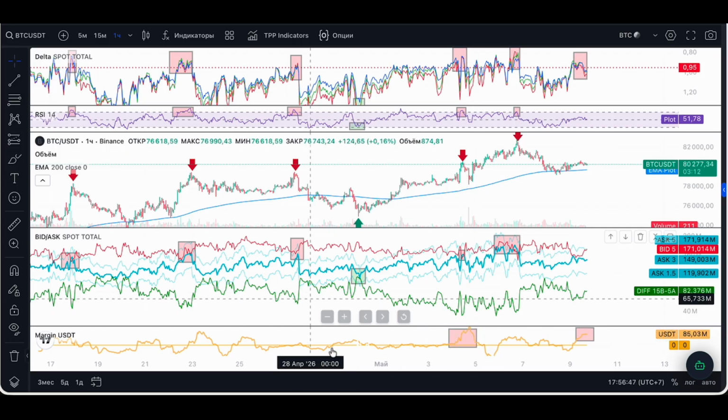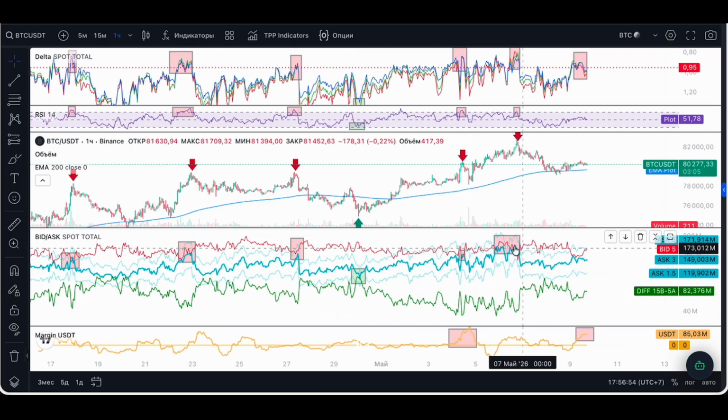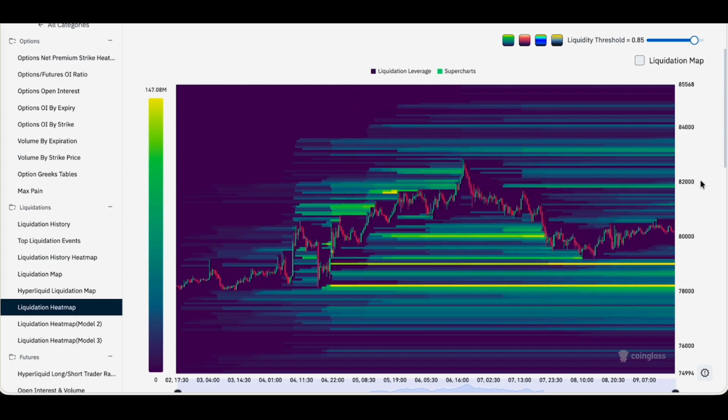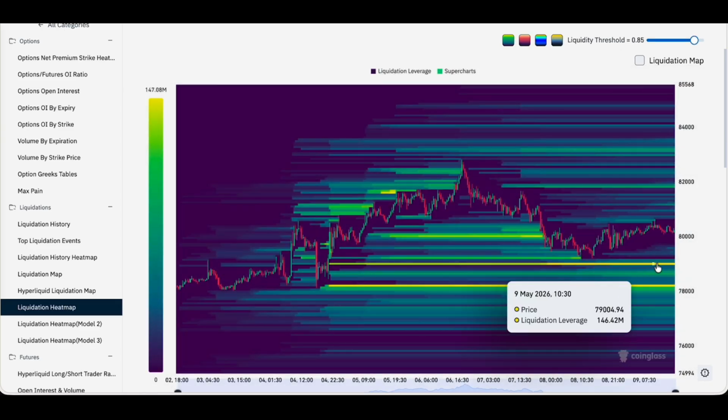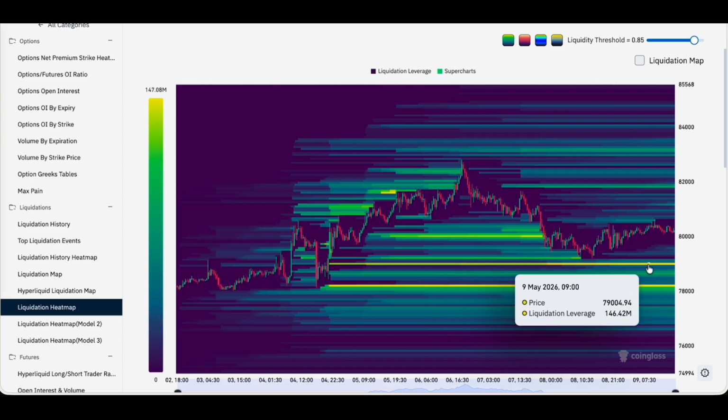This is just an additional condition. So when I've found the crossing, when we are in the correct area, the buyer or seller zone, and we have a crossing, after that I am looking at CoinGlass for the liquidation heat map, and I am looking for liquidity concentrations, because the market exists to suck all this liquidity.